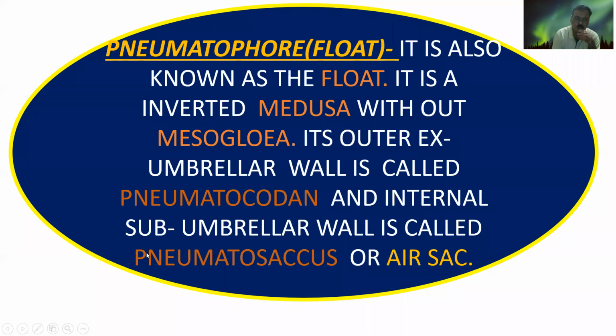The gonozooid is a reproductive zooid and produces sexual medusoids by asexual budding. The gonozooids produce clusters of gonophores on gonodendron. The tentacles like dactylozooid are called gonopalpons.